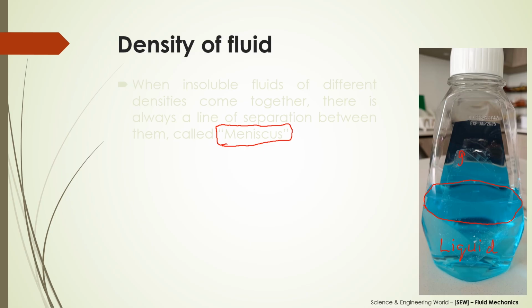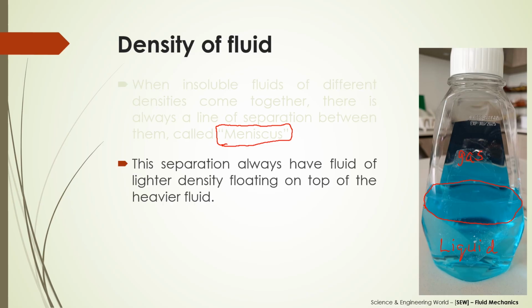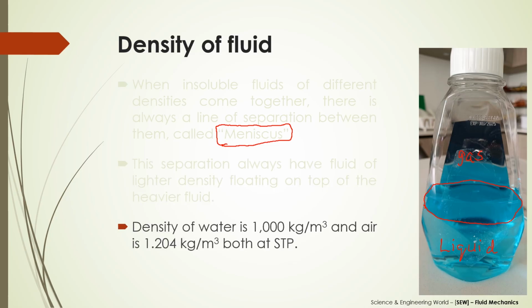So when this takes place, we see that the fluid with a lower density is always on top of the fluid with the higher density. Water has a density of 1000 kg per meter cube, and air has a density of 1.204 kg per meter cube.